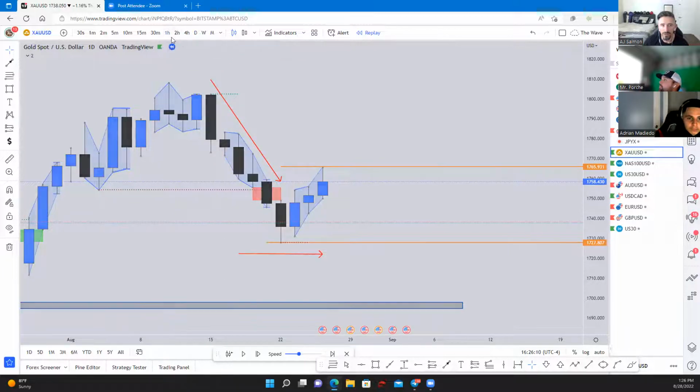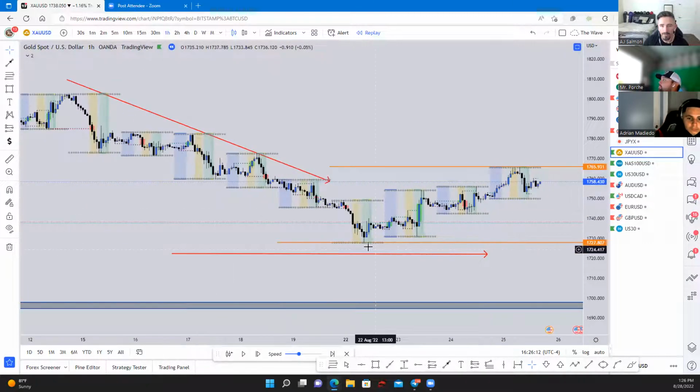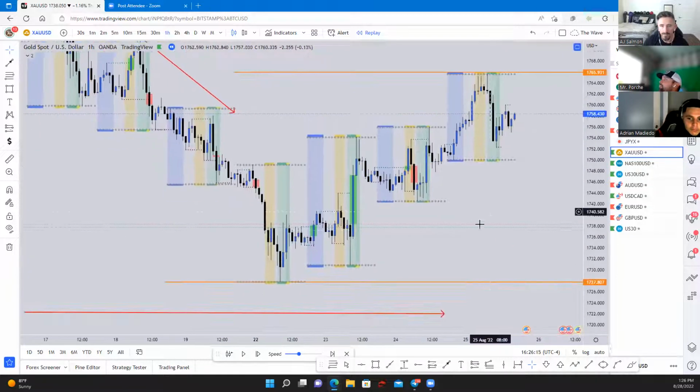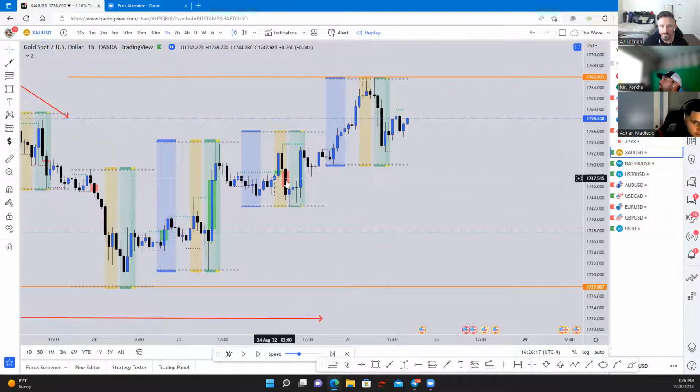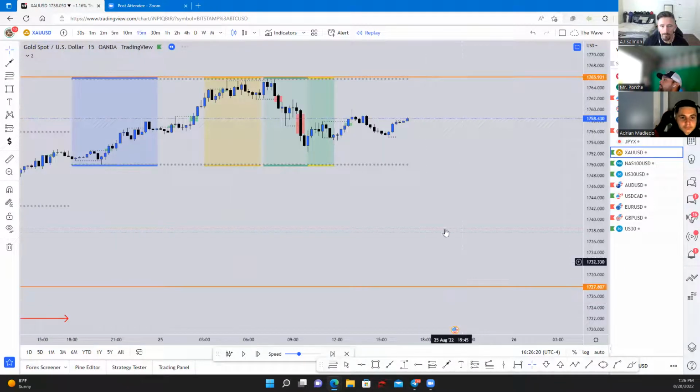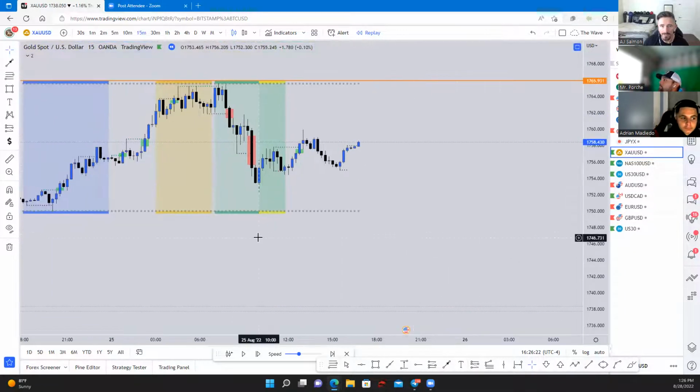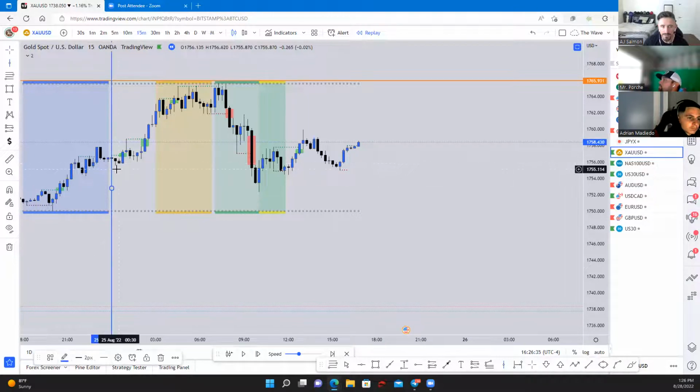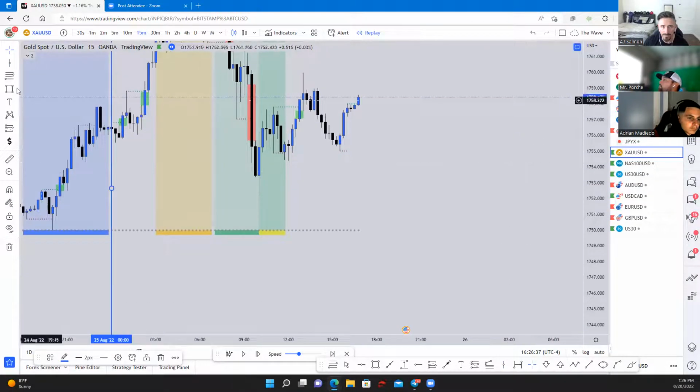You can look at your hourly for gaps as well, or 15-minute gaps within your kill zone time. So you have your daily, and then your midnight price, and then you line up where price opened, which would be here.